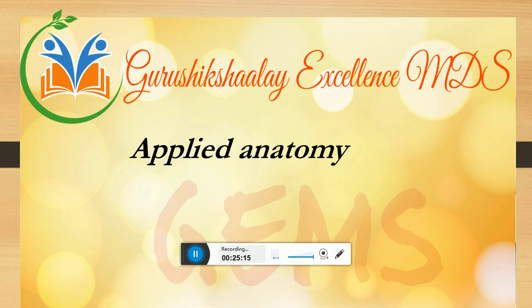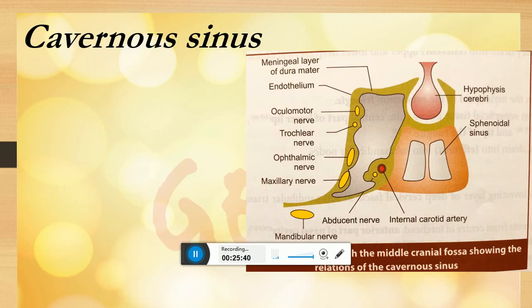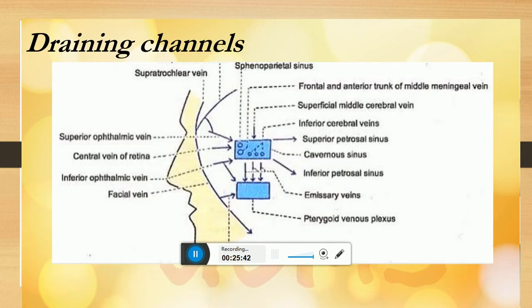Okay, and these cause paralysis of the extraocular muscles with diplopia. Okay, and communication between the cavernous sinus and the ICA, internal carotid artery, after trauma can cause pulsatile exophthalmos. Okay, pulsatile exophthalmos.